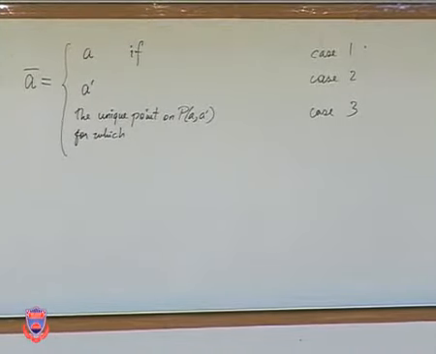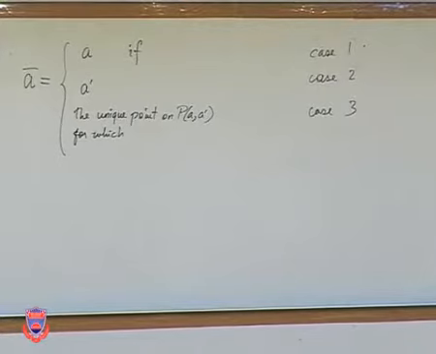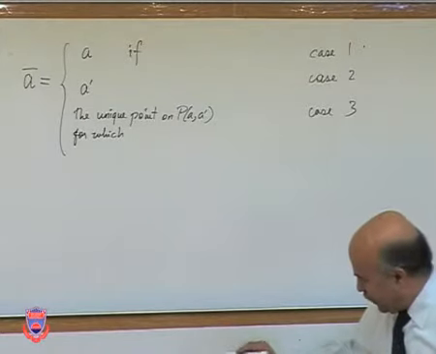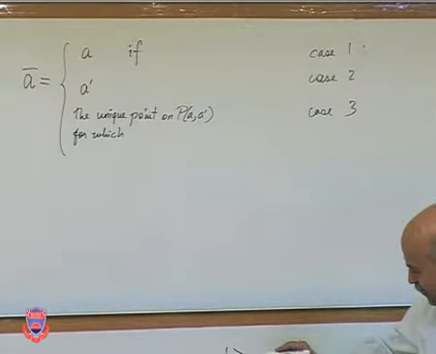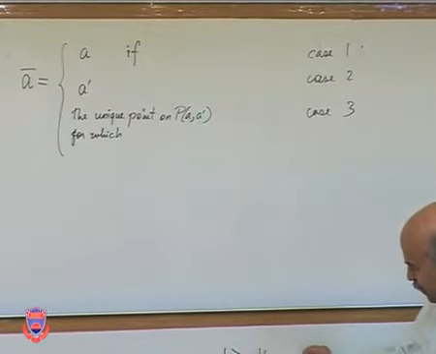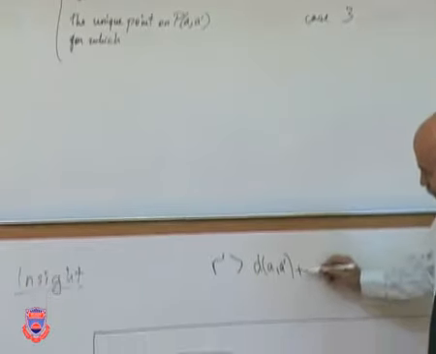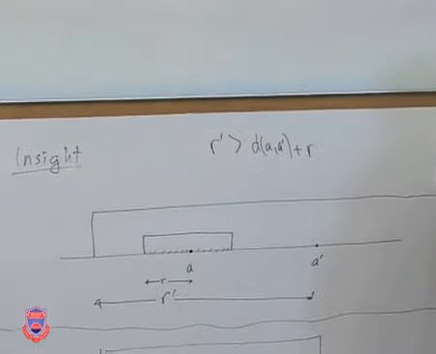They won't see pictures. Anybody? If R prime is greater than or equal, actually strictly greater than, so R prime is greater than dA prime plus R. Good, yeah.